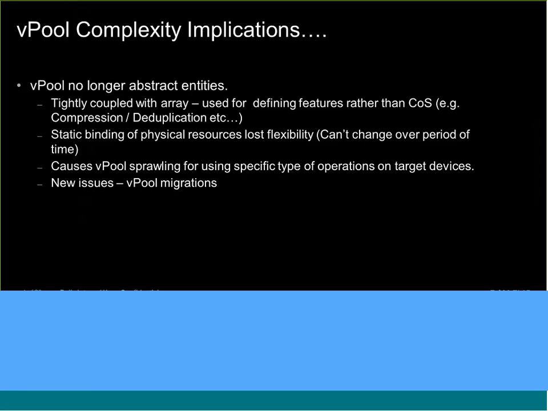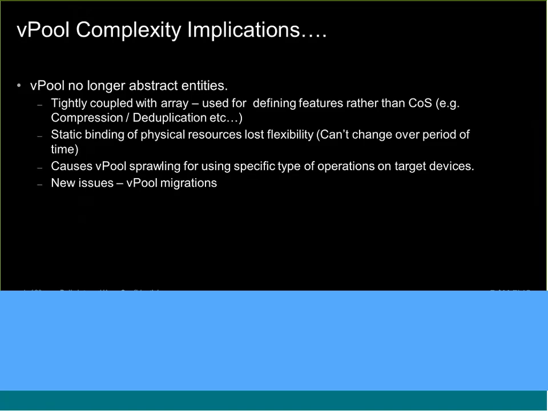That is causing vPool sprawl, meaning for each and every type of operation, we may have to create a new vPool, and then a new type of issue which is not known in the storage world. We call it vPool migration. I think people get confused when we talk about vPool migration.